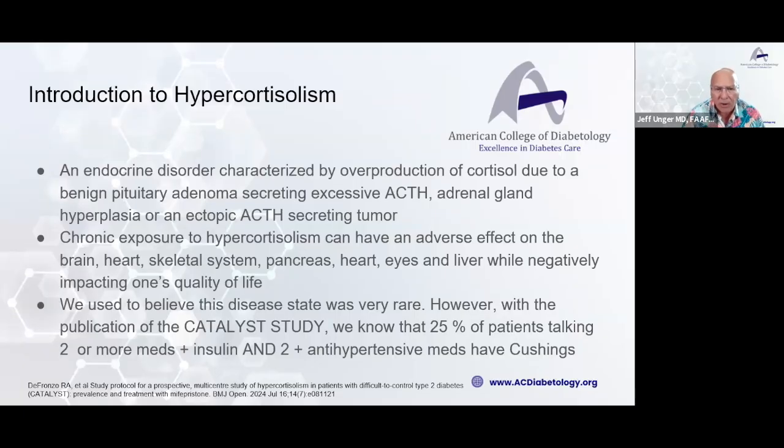There could be something called a functional adenoma, which could be increasing cortisol production. But also, if the pituitary gland is overproducing ACTH, adrenocorticotropin hormone, the ACTH goes to the adrenal gland and causes the adrenal gland to put out extra cortisol.